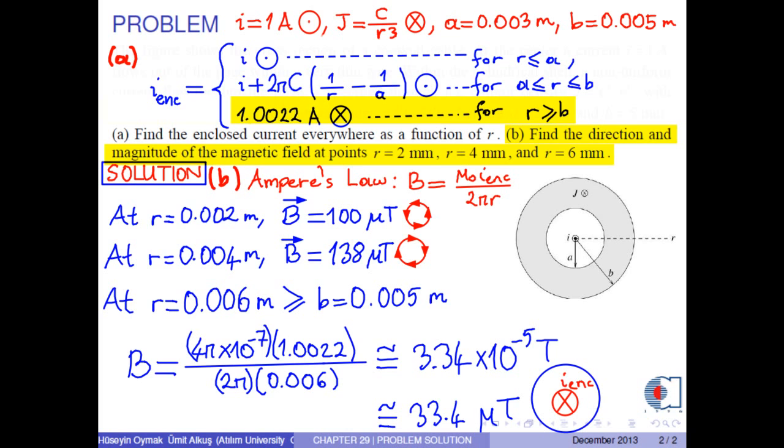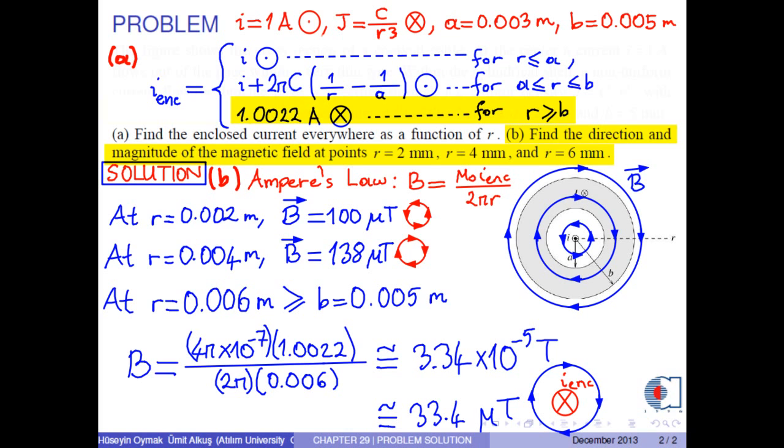And since the current is into the screen, the magnetic field is clockwise by the right-hand rule. To sum up, we draw all the magnetic fields at points r equals 2, 4, and 6 mm.